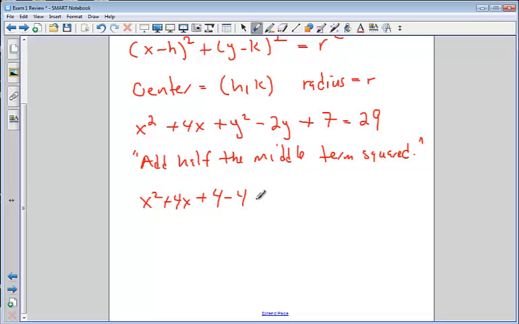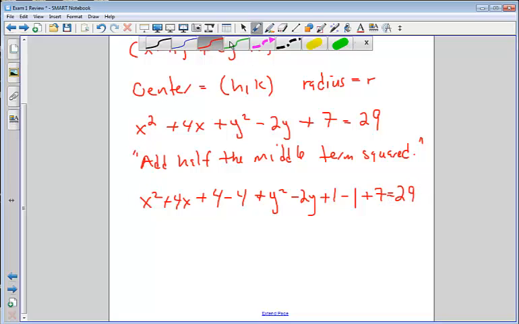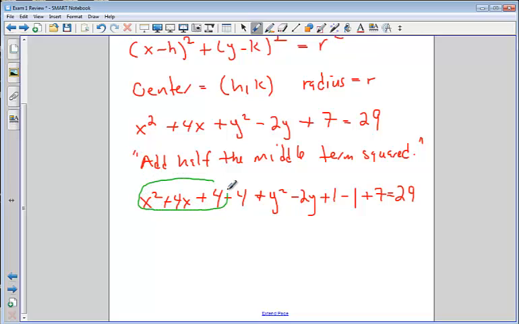And then over here, we have y squared minus 2y, and half its middle term is -1, squared is +1, so plus 1. Make sure you subtract off 1 right next to it, or you'll change the equation. Plus 7 is equal to 29. And so I can collect these terms together, and these terms together.